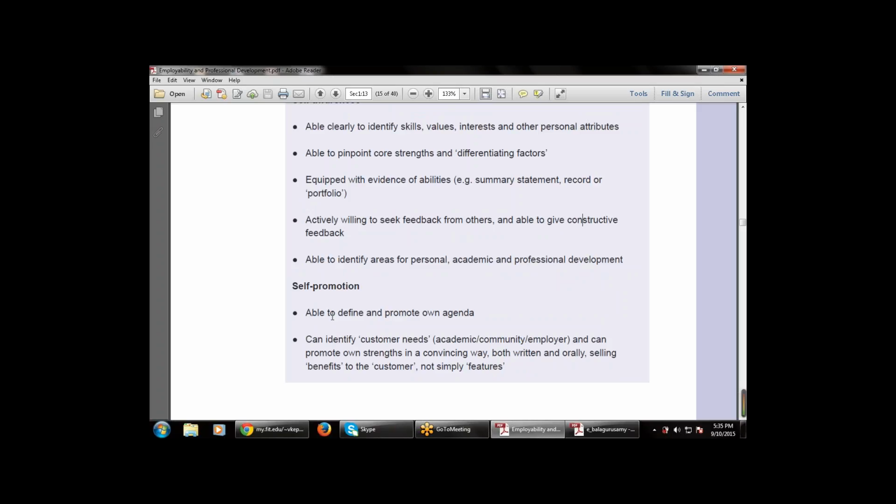Then can identify customer needs, academic, community, employer, and can promote their own strength in a convincing way, both written and orally, selling the benefit to the customer, not simply the features. That is a self promotion expert.